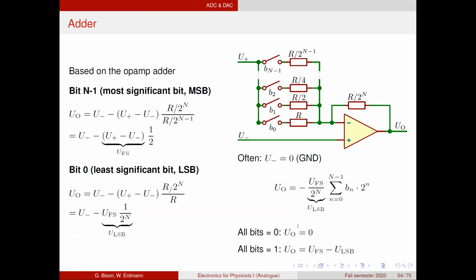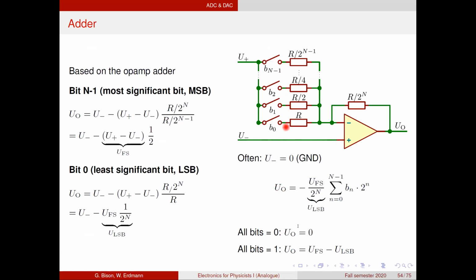A more clever design is one we have already talked about briefly. And this is the adder. So we can configure an analog adder in a way that it converts a digital number to an analog voltage.